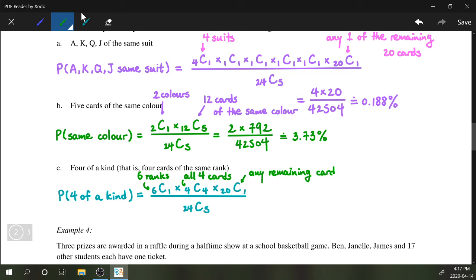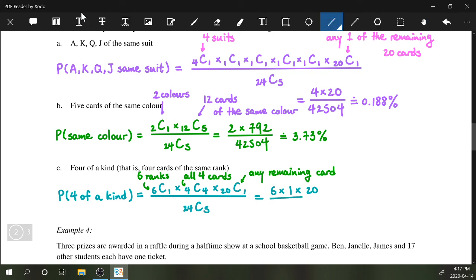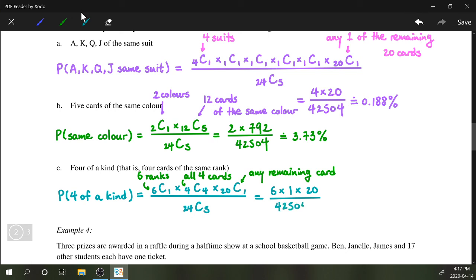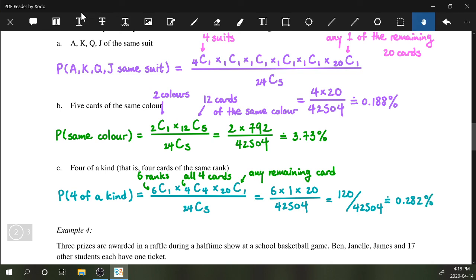All right, so from there we have 6 times 4 choose 4, which is 1, 20 choose 1, which is 20, and then divided by a very familiar number, 42,504. So that will be 120 over 42,504. And if you divide using a calculator, you'll get 0.282%. Rounded, of course.